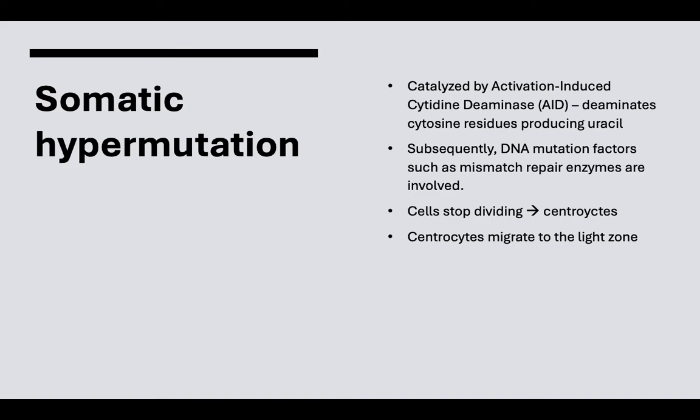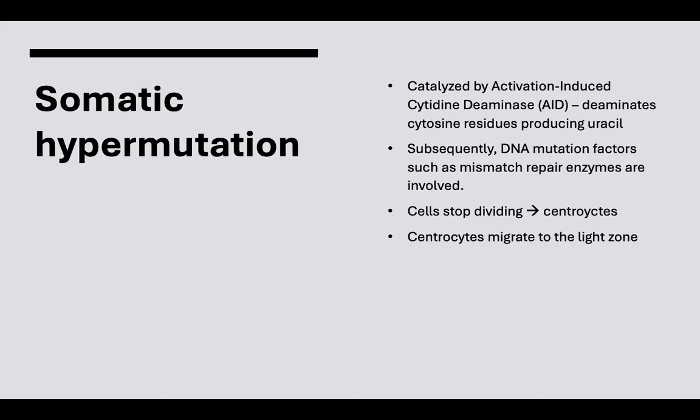So by inducing such somatic hypermutations, there's accrual of tolerable mutations that will not be lethal to the cell, but rather will increase the diversity within the variable region part of the Ig coding genes.